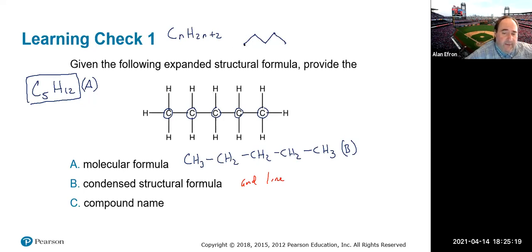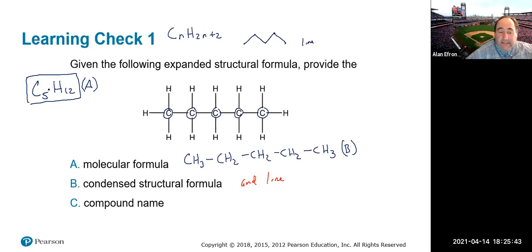So the one at the end would have 3 hydrogens. The one in the middle has 2 lines, which means it has 2 hydrogens. The next one in the middle has 2 lines coming in, which means it needs 2 hydrogens. The next one has 2 lines coming in, which means it needs 2 hydrogens. The one on the right has only 1 line, which means it needs 3 hydrogens. And that obviously would be our line structure.